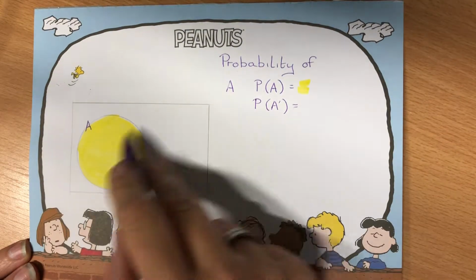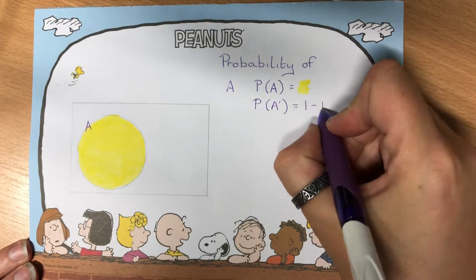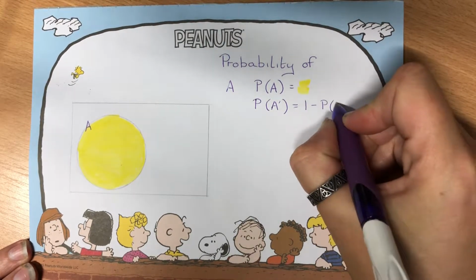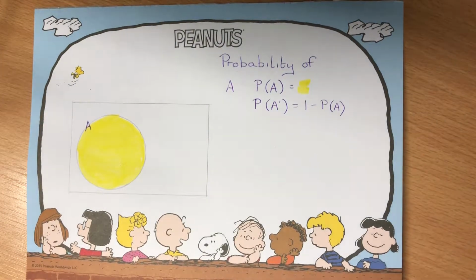So that's all the way round, and that is going to be the same as 1 minus the probability of A, and that is because probabilities add together to give 1.